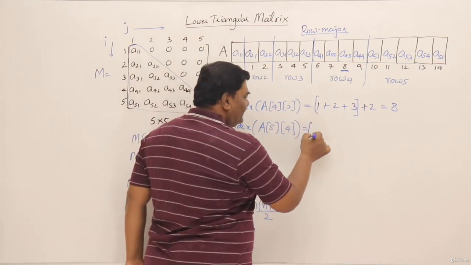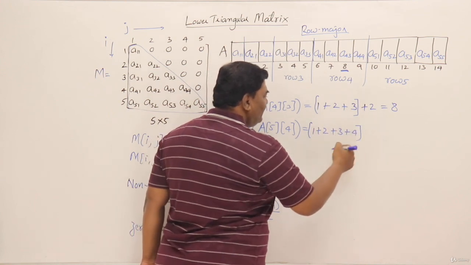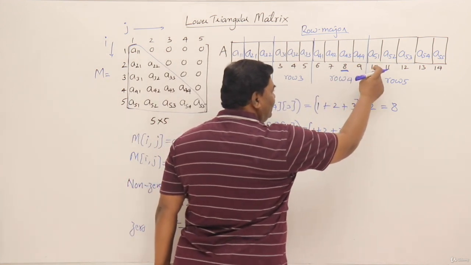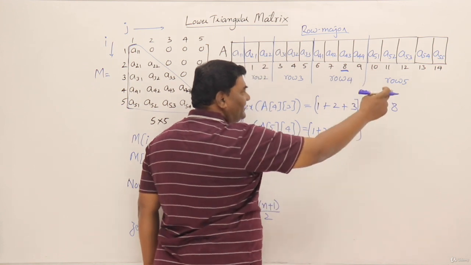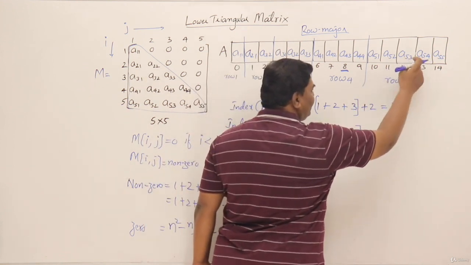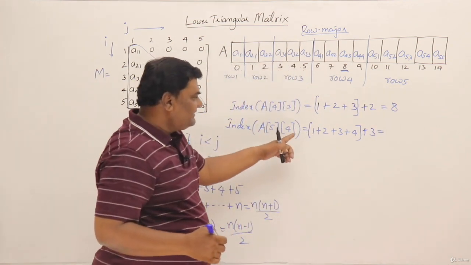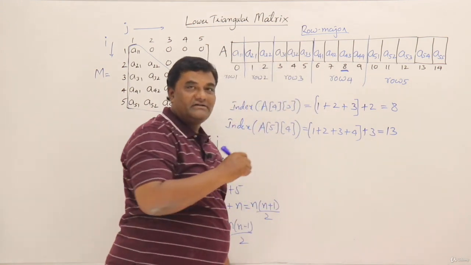The first row has 1 element, the second has 2, the third has 3, and the 4th row has 4 elements. So I have skipped the first, second, third and 4th rows. Then I am at the beginning of the 5th row. From here, how many steps should I take to reach 5, 4? 1, 2, 3. So plus 3. If you add, this will be 13. So yes, I got the index.